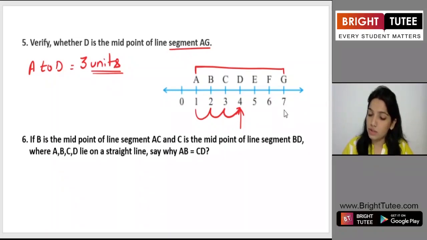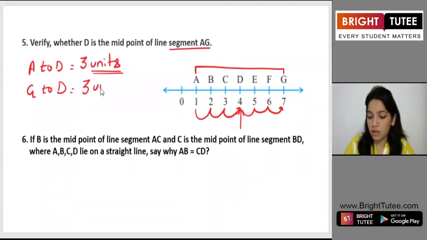So from A to D, we have total 3 units. And now let us check from D to G. So 1, 2 and 3. So clearly from G to D as well, we have got 3 units, and because both of them are equal, so clearly I can write that AD is equal to 3 units, and similarly GD is equal to 3 units.